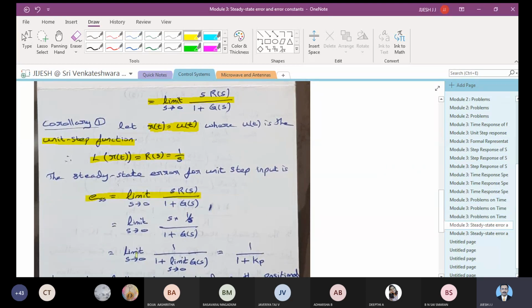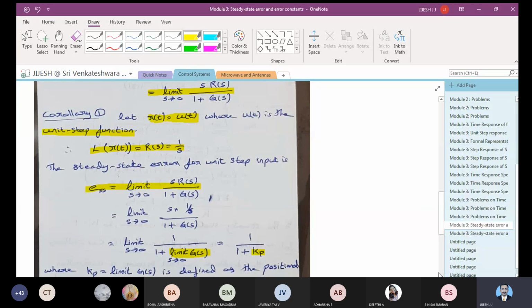Since s tends to 0, we will say limit of s tends to 0, 1 by 1 plus limit of s tends to 0, g of s. This term, limit of s tends to 0, g of s, is denoted by the letter kp. So what is kp?